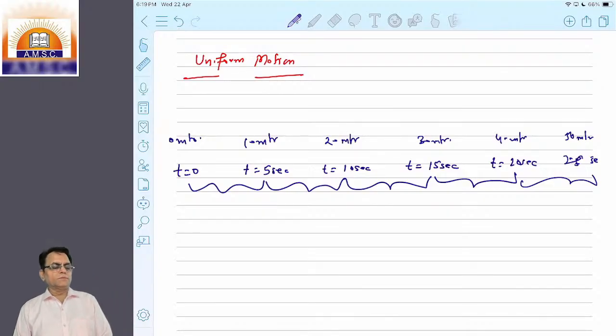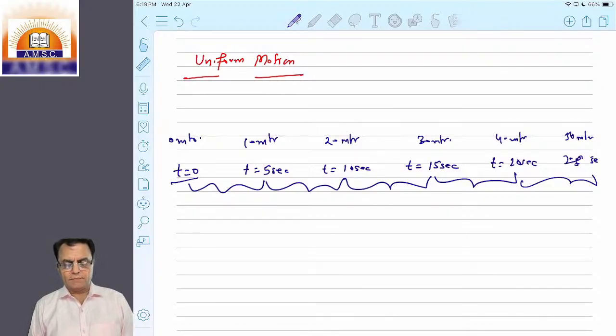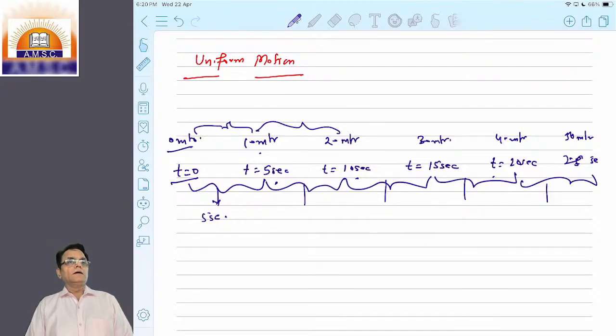Let's consider an object starts moving from rest when the time is equal to 0. The distance covered by it is 0. In a time of 5 seconds, the object covers a distance of 10 meter. And we see that in the same amount of time, 5 seconds each, the distance covered by the moving object is also the same, right?